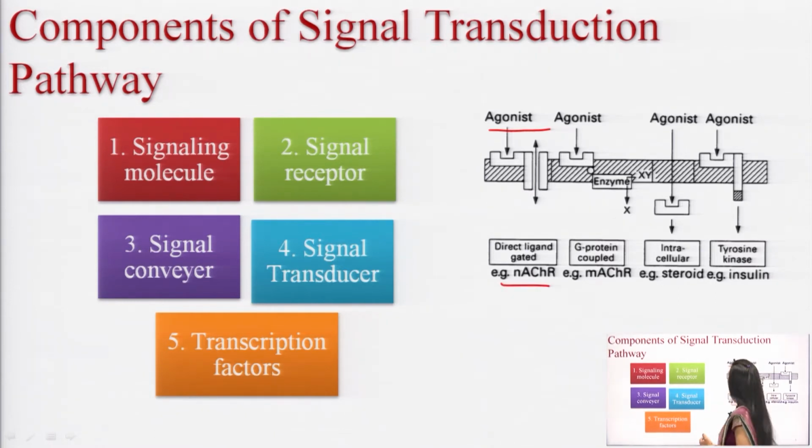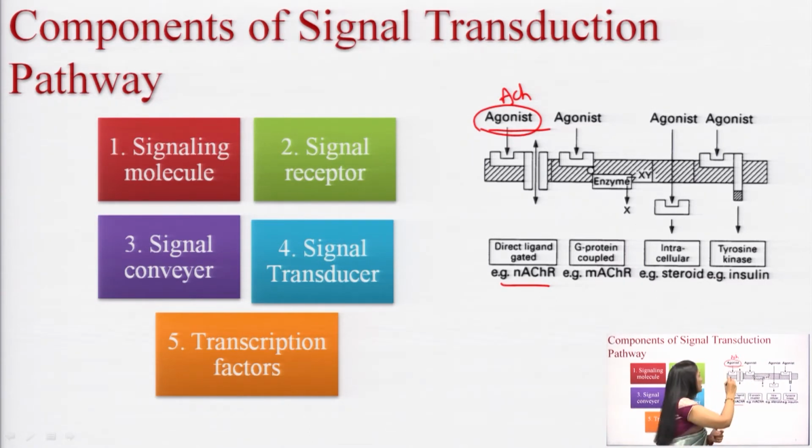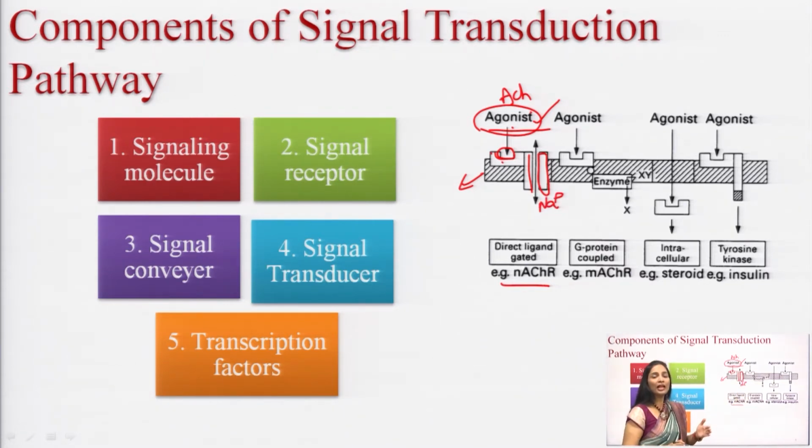Imagine this is acetylcholine. When acetylcholine, the signal molecule, binds to its receptor, the signal is carried by ions. The channel opens, the sodium channel, and sodium enters the cell and causes depolarization of the cell. So, this is one signal transduction mechanism.